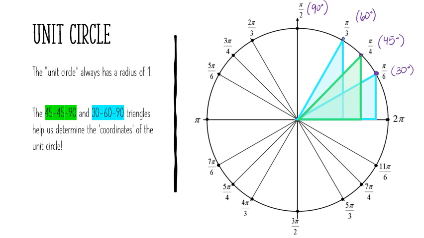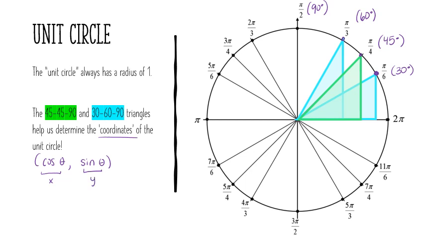So what I want us to know for now is that the coordinates of the given points on this unit circle are going to be determined by the cosine of whatever theta is for our x and the sine of whatever theta is for our y. So cosine of theta will be x and sine of theta will be y.